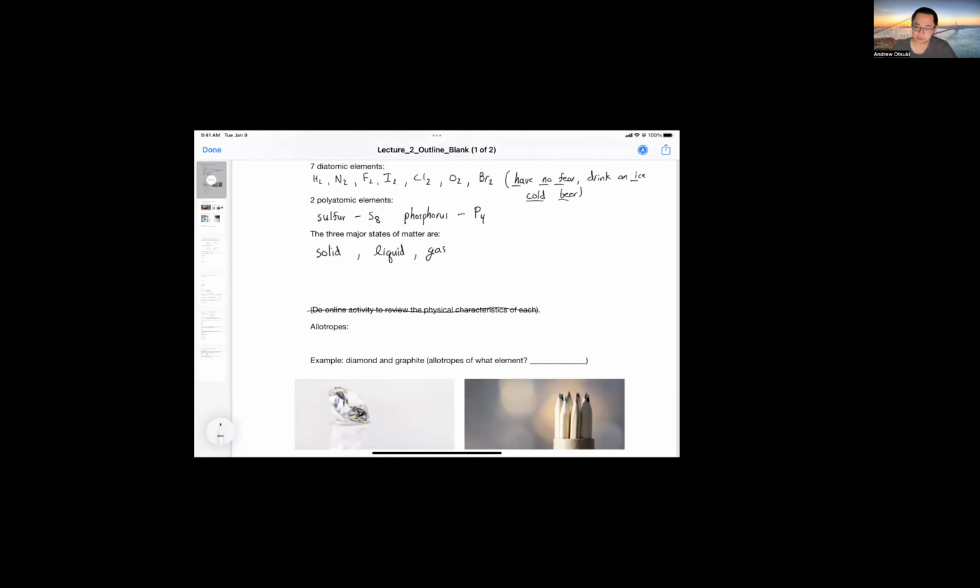An example of an element having allotropes is carbon. So we have two different forms of the same substance.